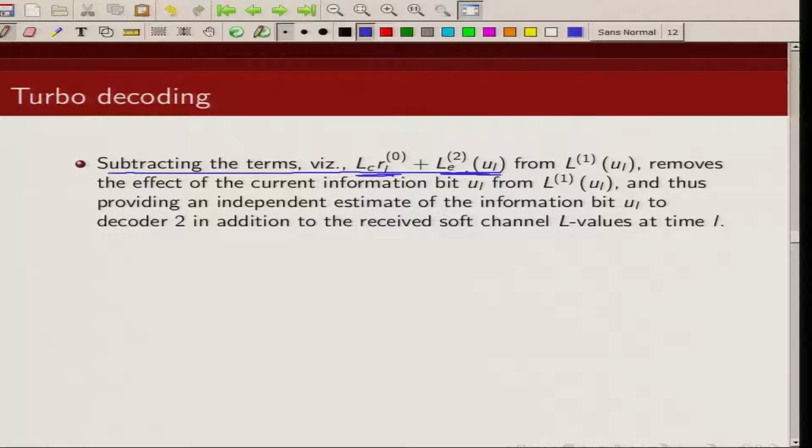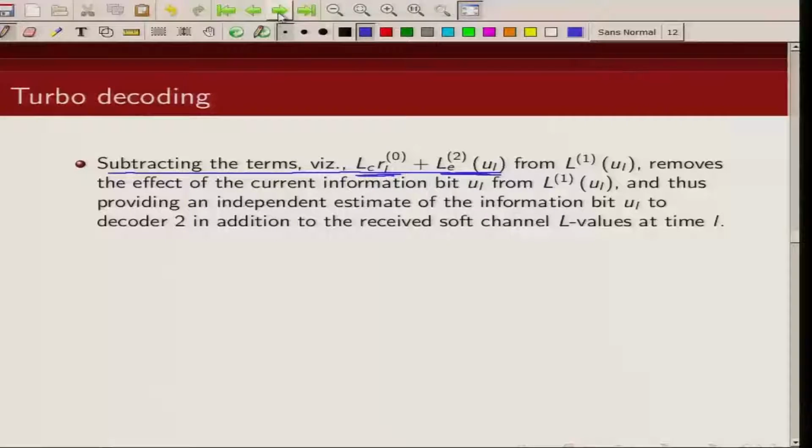So, there is no point feeding the same information back to the same decoder, and the received values are already received by the decoder. So, we are trying to send some independent estimate about what we think the bits are to the other decoder, and that is the whole idea behind this iterative process, that you want to give some sort of independent estimate. If you try to feed the same information back, then it will become a positive feedback system and unstable, the decoder may not converge. So, that we do not want.